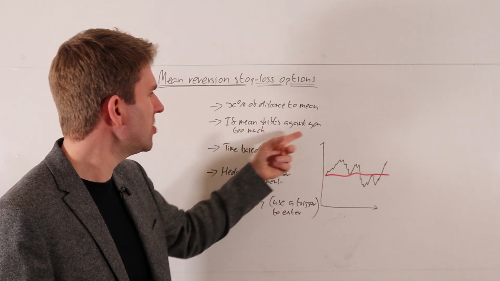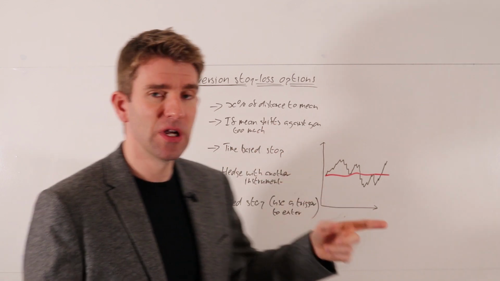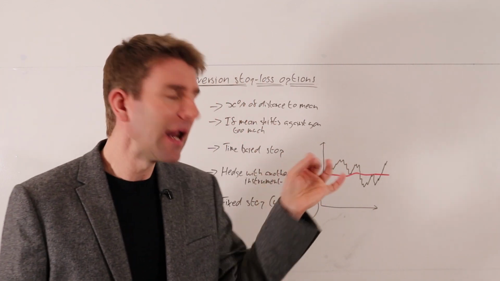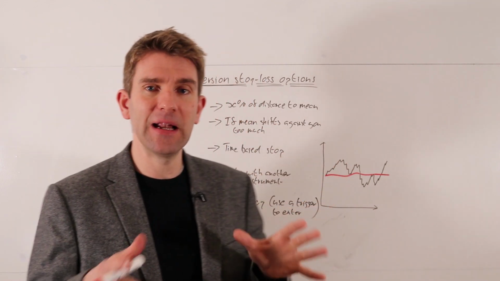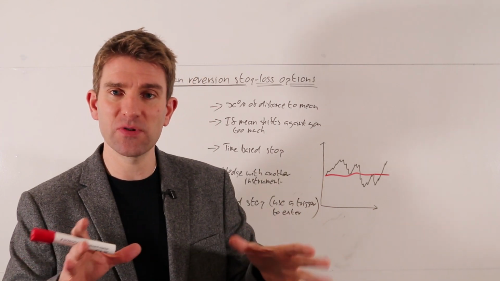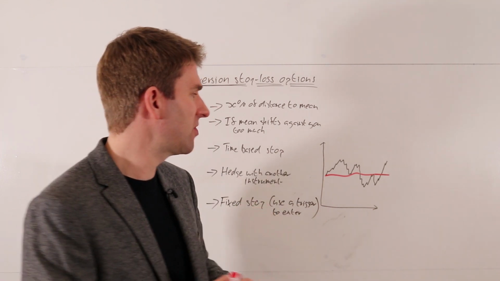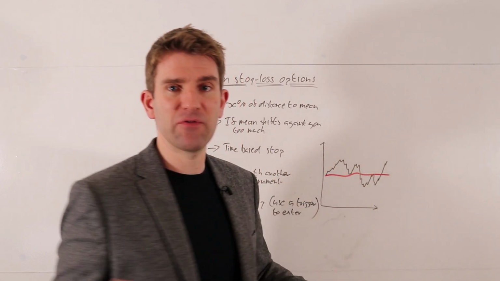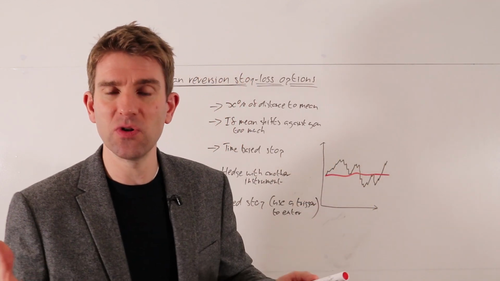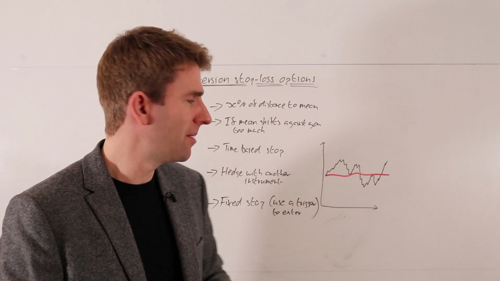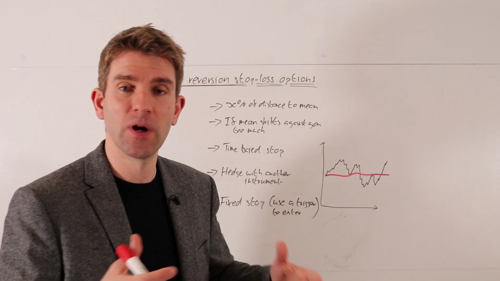Second thing, guys, is if the mean shifts against you too much. Now, this is something that's quite clever, and a little nuanced, and there are a few adjustments and tweaks to make to this, but it works pretty well. So if you have a moving average, for example, it's the easiest one to use, and it's not always the traditional mean, but it's a good one for example purposes.